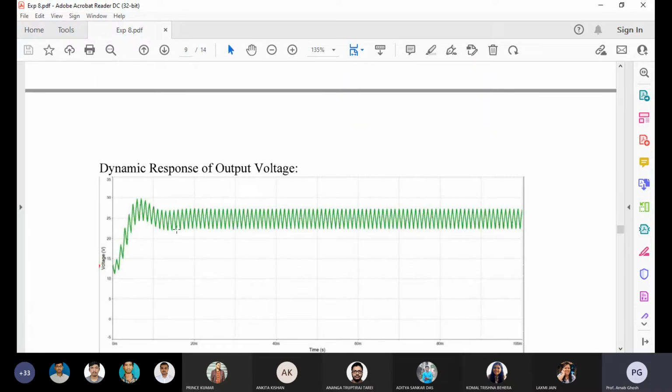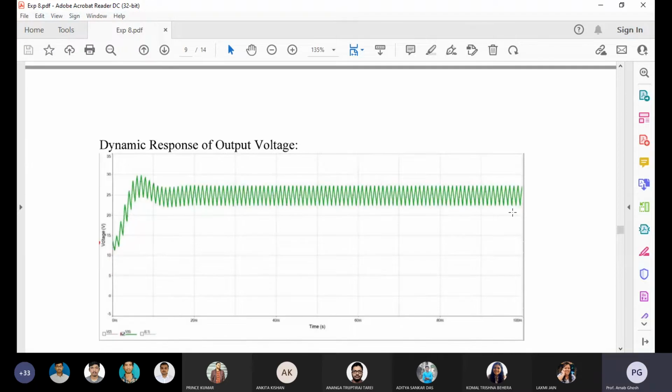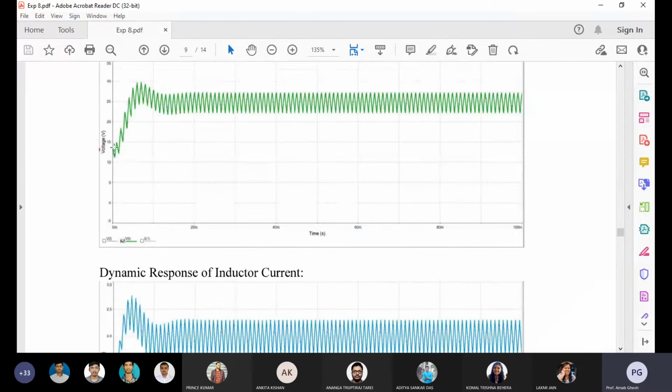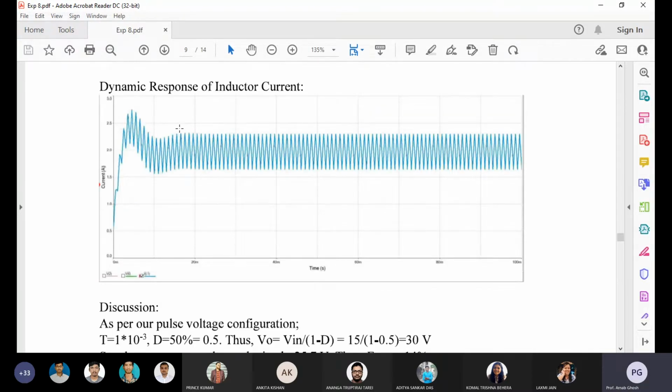You can see the triangular one, basically charging, discharging like that. It has a transient and steady state, both we need to see. Initially some undershooting is there, because there is a problem of non-minimum phase in the boost converter. Then you can calculate the duty cycle.